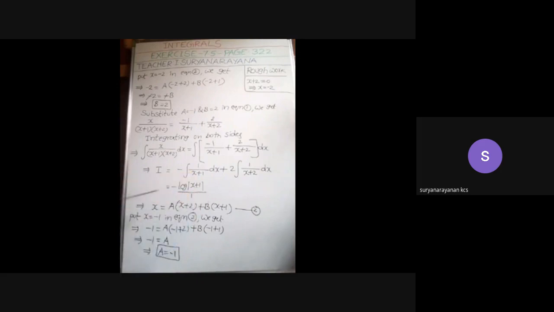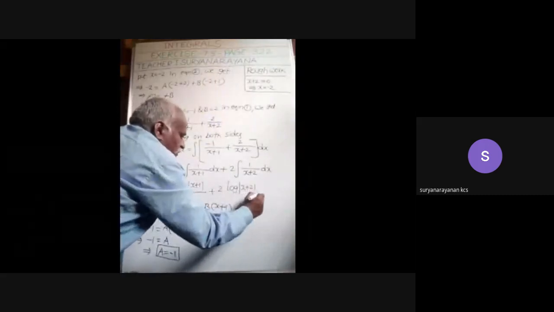Understood? Understood this is the first term, right? Plus 2 into it. This is also in the form of integral 1 by ax plus b, a linear expression, log mod x plus 2 by coefficient of x is 1. Understood this step, my children? Right.